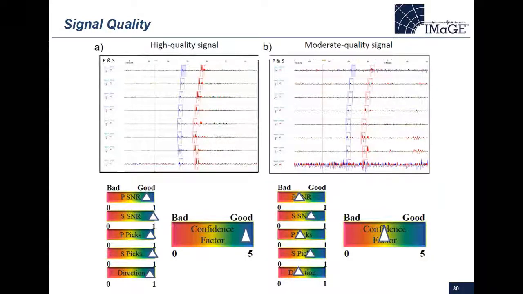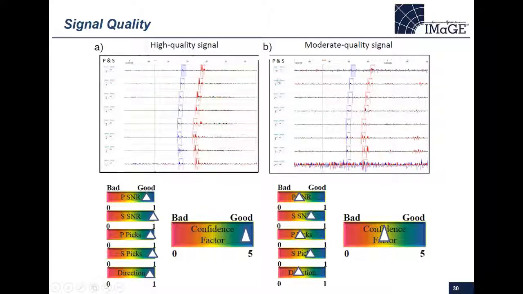And if they're far apart, signaling that the actual pick is not an indication of the location of that event, you're going to get a 0. And the other one you can look at is the direction aspect, which is looking at the hodograms and the azimuths for each sensor. If they're all in agreement and they're all pointing towards where the event's located, you're going to get a value of 1.